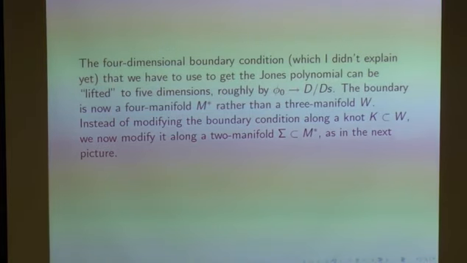We had a knot in the boundary, but now the boundary has an extra time coordinate. So for Khovanov homology, we take a boundary condition that depends on a two-manifold embedded in the boundary. The sense in which the new boundary condition is a categorification of the old one is that if the boundary, the two-manifold, and everything else are time independent, then the boundary condition reduces to what we had before, the one we would have used to study the Jones polynomial.